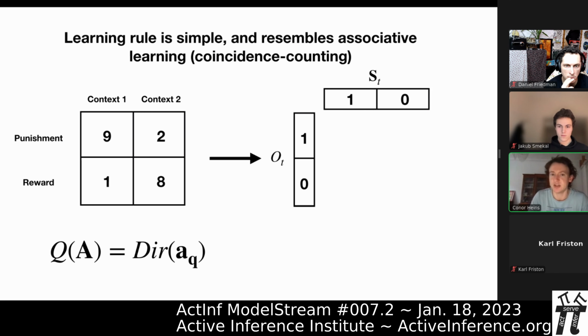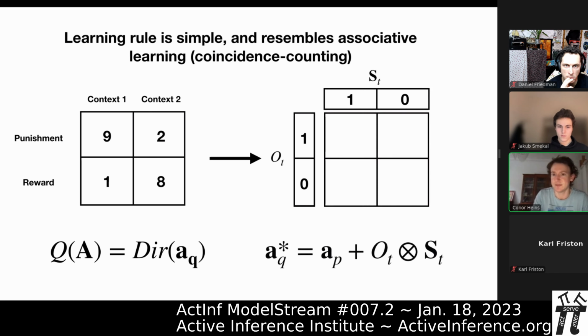What ends up happening to the resulting posterior over the A matrix is a very simple, quasi-associative learning rule, where the update to the Dirichlet, represented by this bold A sub Q, becomes the prior over the Dirichlet parameters plus the outer product between the observation vector and the hidden state belief vector. So this is a form of coincidence detection, where you just see what parts of the hidden states line up with what parts of the observations, and you increment your beliefs about the A matrix accordingly.